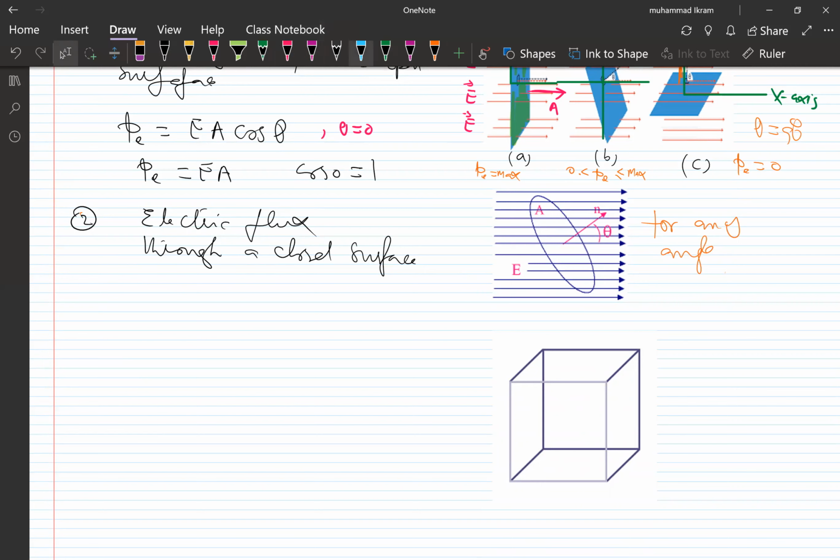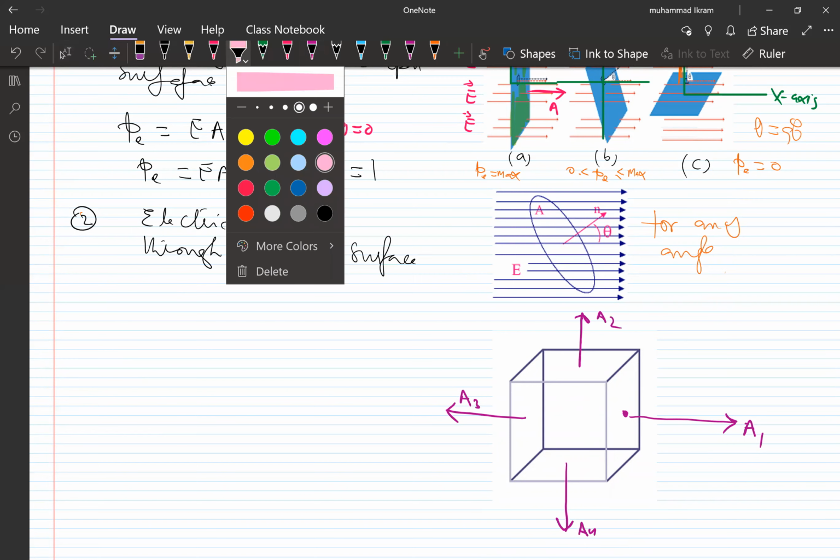First of all, you have to find out the area vector. Here this surface has the area vector A1. Here you have the area vector A2. Here you have the area vector, outward always, A3. And here you have the area vector A4. So how many surfaces do you have?